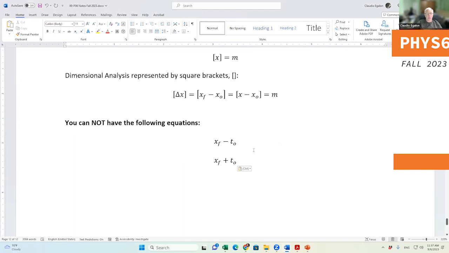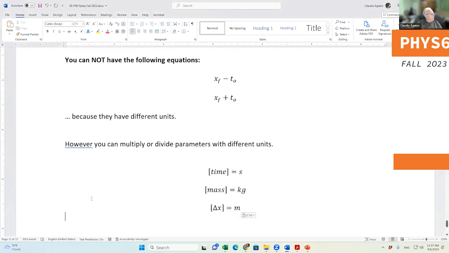You cannot subtract time from position. You cannot sum time and position. That's because they have different units. However, you can multiply or divide parameters with different units.